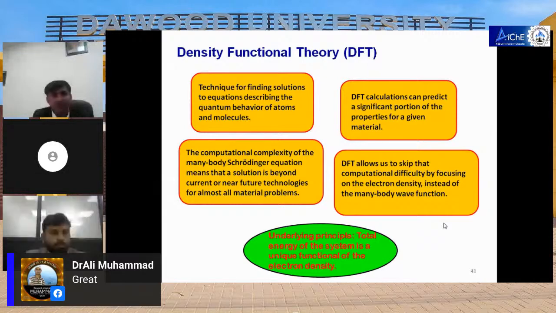And then finally, the simulation studies, which are very helpful in understanding the properties of materials. The simulation studies can predict future materials which are more efficient, and also these studies can be used to understand the properties of materials theoretically.